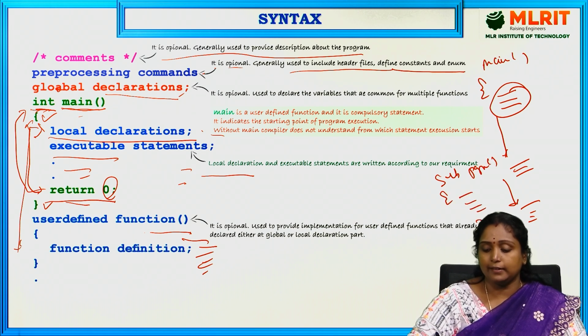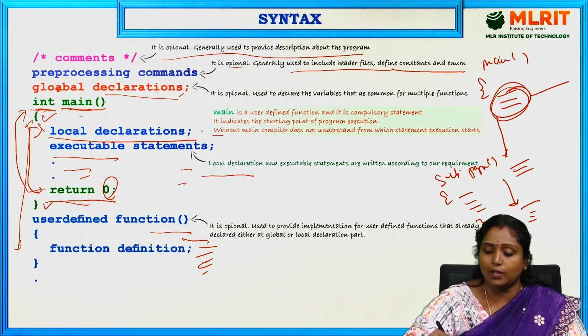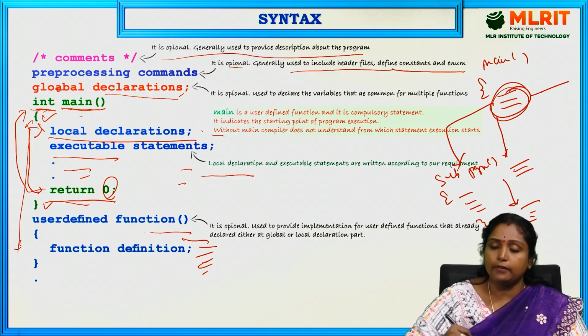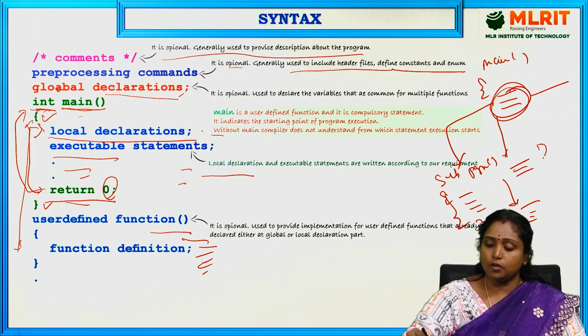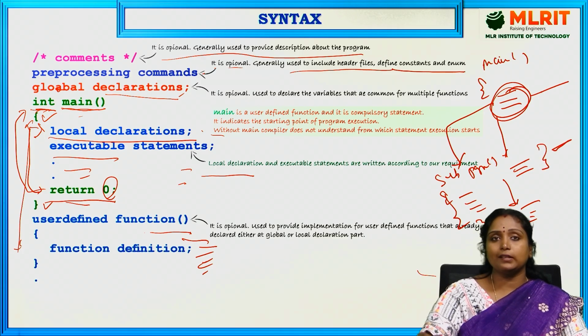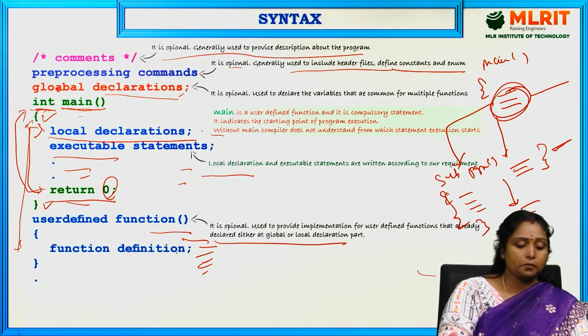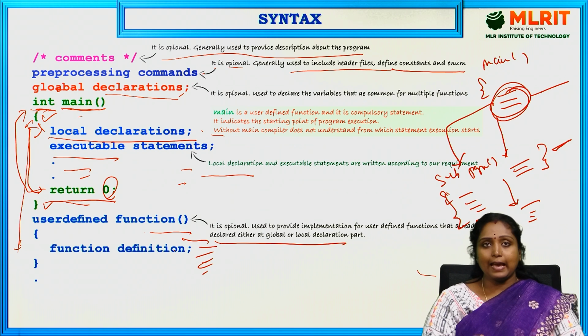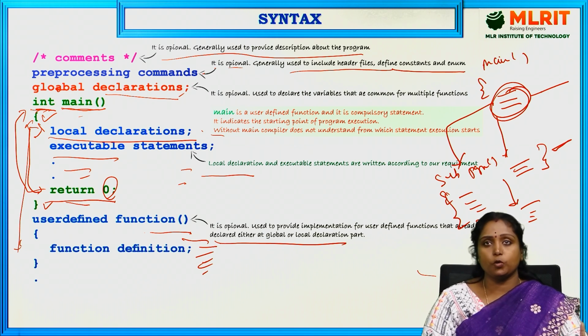Instead of writing these 3 lines every time, we will write 1 line and call this function. Whenever you call this function, those lines of code will be executed. That is called a user defined function. This is the syntax as well as the basic structure, or general form, of a C program.